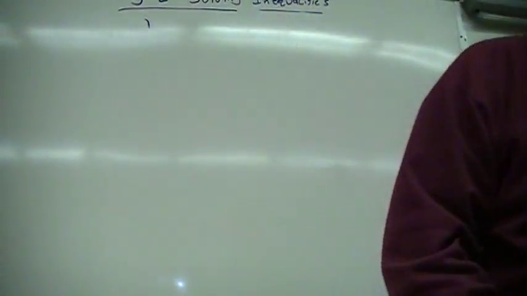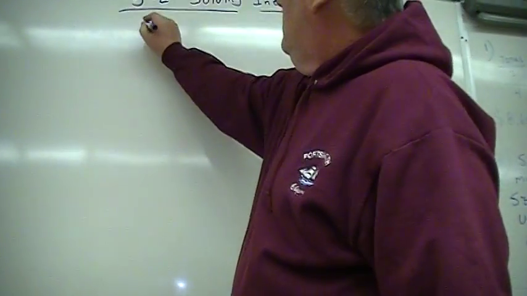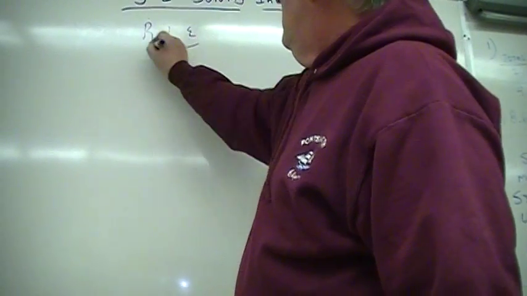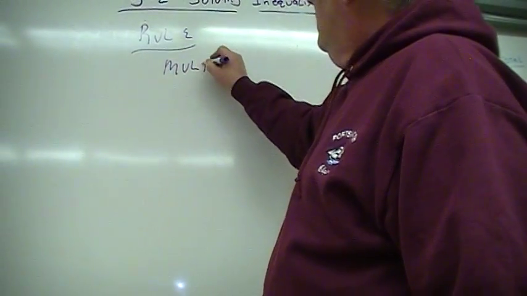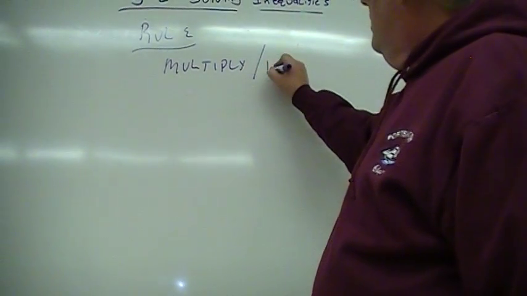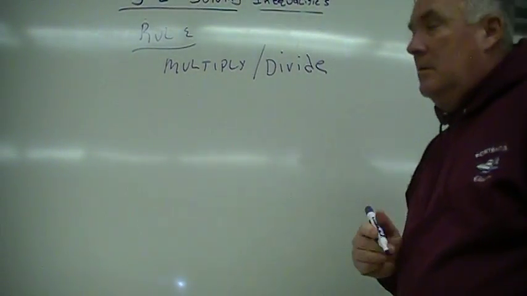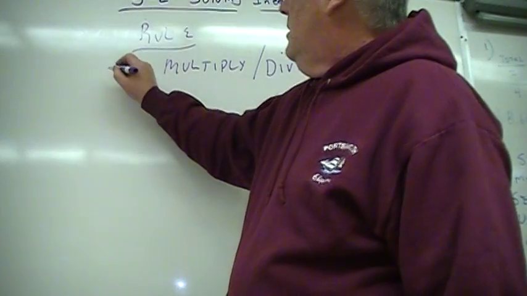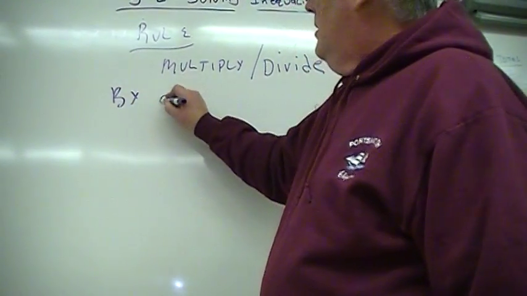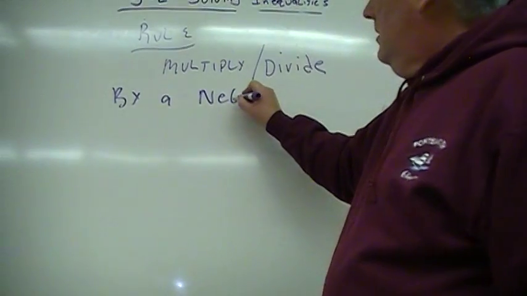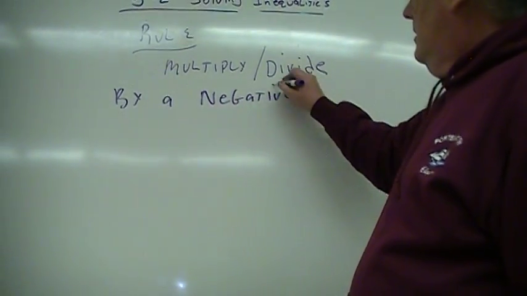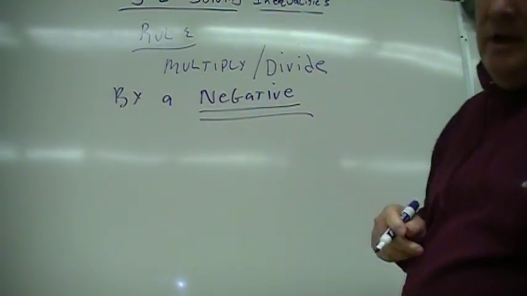The rule. Multiply, divide by a negative number. Underline, underline.